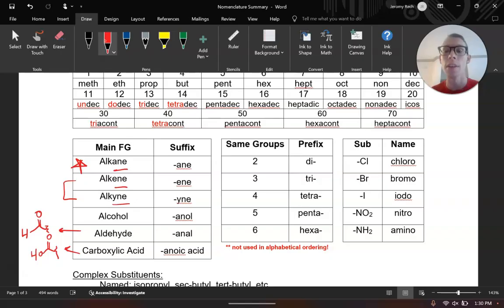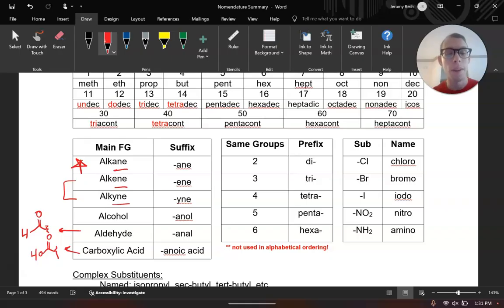So hexanol is going to be a 6-carbon system that has an alcohol. Now, if you just say hexanol, you really don't know where that alcohol is going to be because it can be on any of those 6 carbons. So a lot of times you will have a locant associated with where your functional group is.